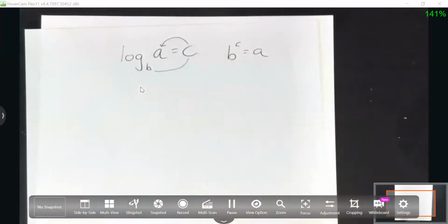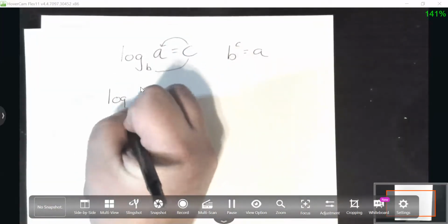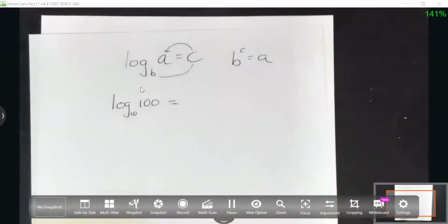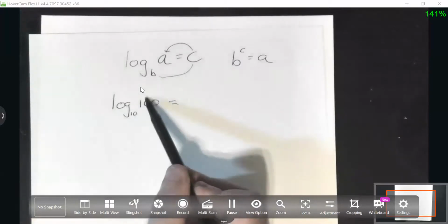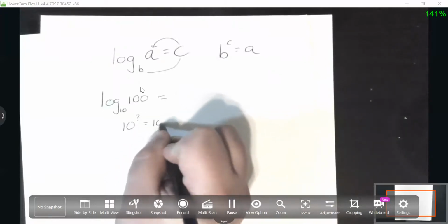So let's look at just a bunch of examples and talk about them. If I were to do log base 10 of 100, and we need to figure out what that is, what we're saying is that 10 to what power is equal to 100?